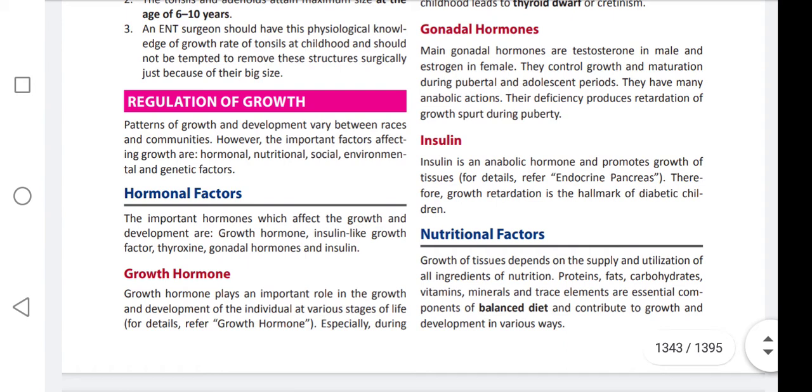What are the hormonal factors that affect growth and development? Growth hormone, insulin-like growth factor, thyroxine, gonadal hormones, and insulin.